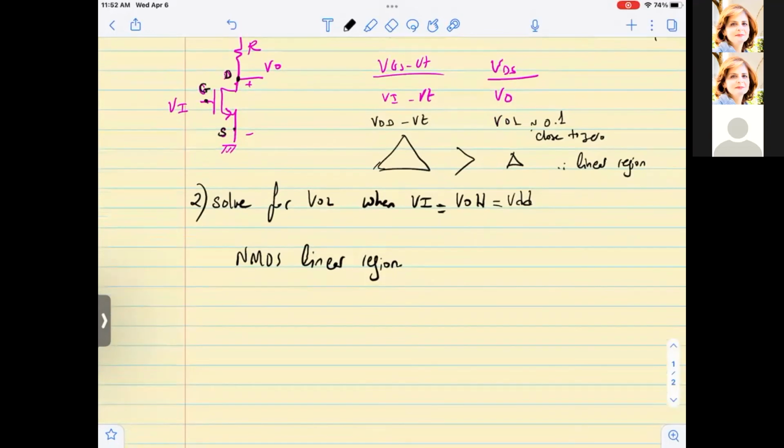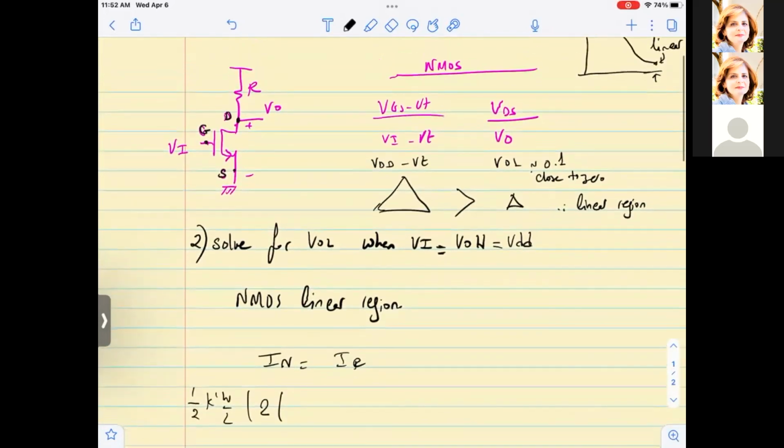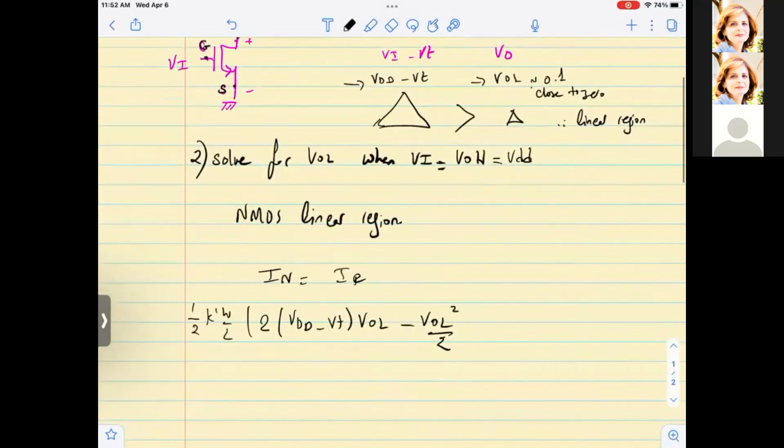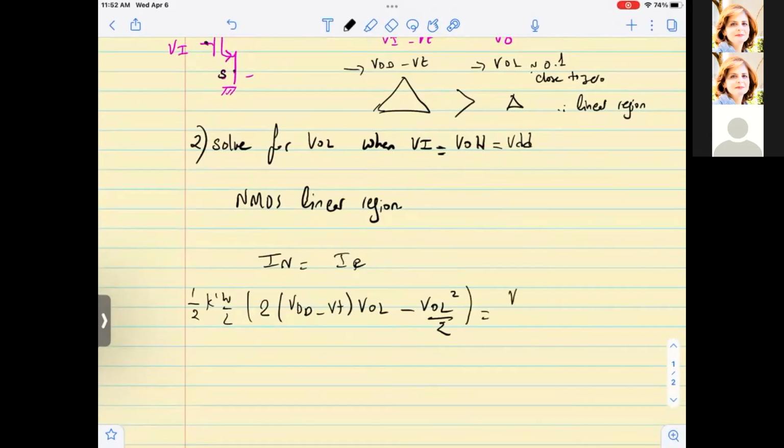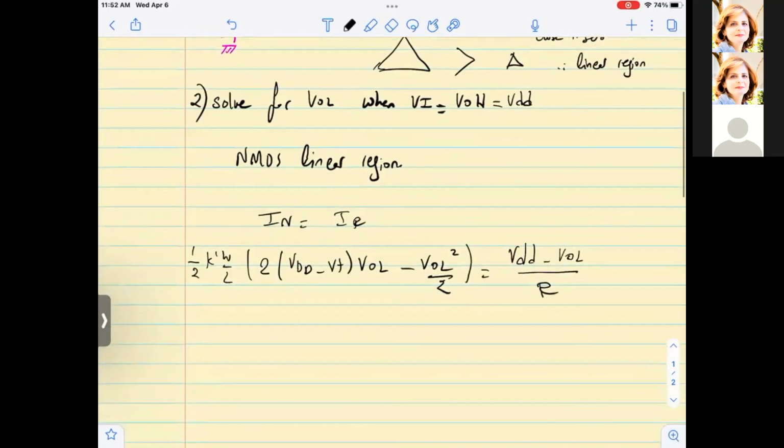Great, so we set IN equal to IR by KCL. IN will be half K prime W by L times 2 times VGS minus VT, which is VDD minus VT as we saw above, times VDS, which is VOL, minus VDS squared over 2, which is VOL squared over 2. This equals IR, and we know IR is VDD minus VO, which is VOL, over R. Okay, so here I have a quadratic equation in VOL.